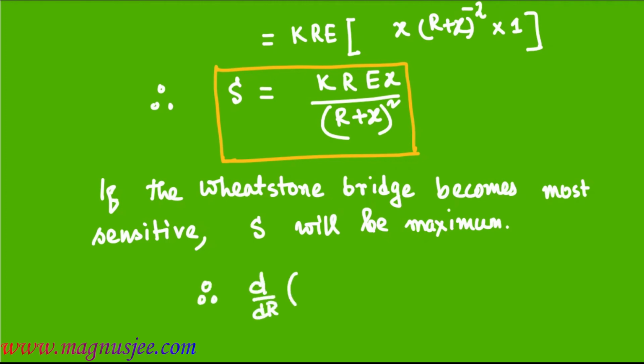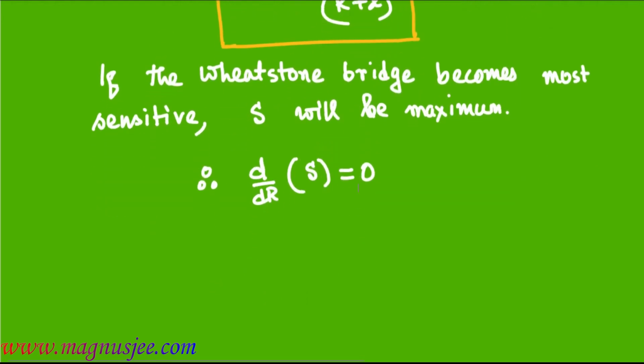Therefore, d/dR of S equals 0, because if S is maximum, S is constant. That's why the differentiation of S with respect to the resistance R, that means d/dR of S, will be 0.